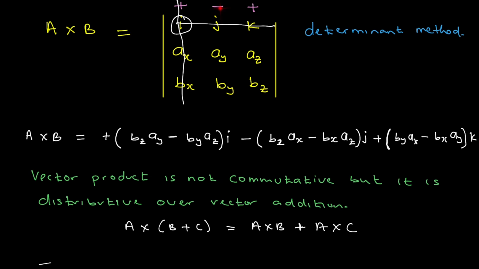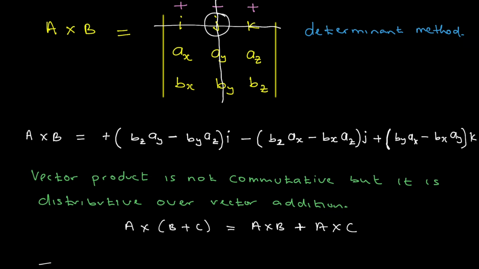But this is for j now, and j is minus, so we put a minus in front there, and then open bracket. Now we're going to draw a line here, so let me just take that off, and then we need to draw a line here for what we're doing now. So I'm doing j, so I'm drawing that line there.